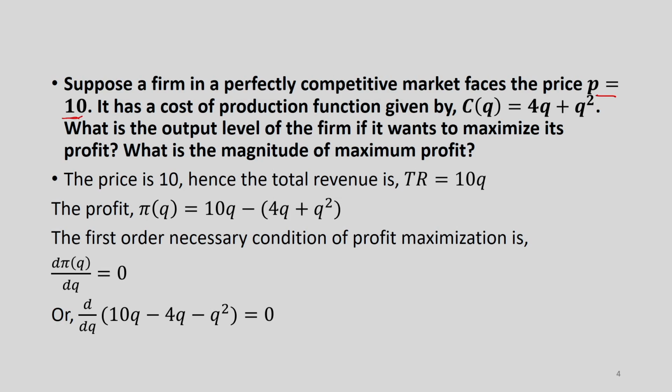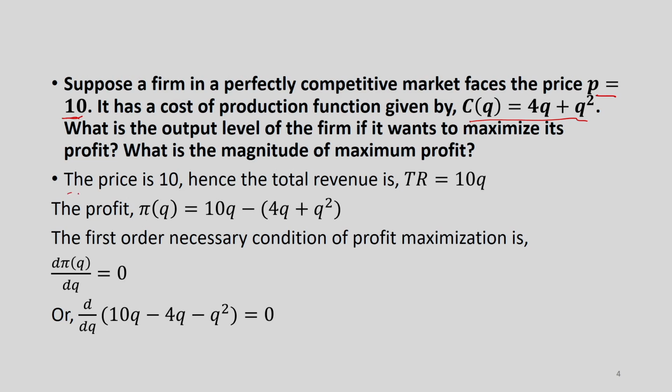The cost of production function is given by C(Q) equal to 4Q plus Q square. The question is, what is the output level of the firm if it wants to maximize its profit? Secondly, what is the magnitude of maximum profit?